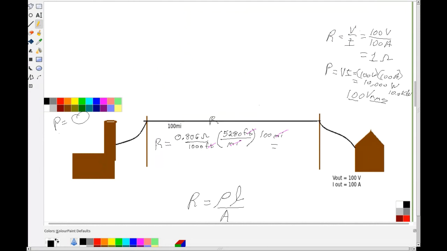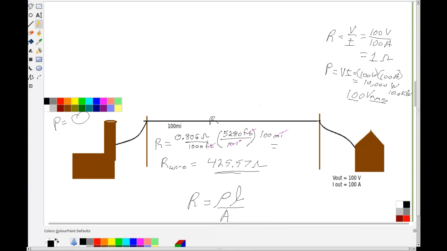So the resistance of the wire is 425.57 ohms. So to get to my house, we've got to push this electricity through a resistor of 425 ohms to get to that 1 ohm of resistance in my house.